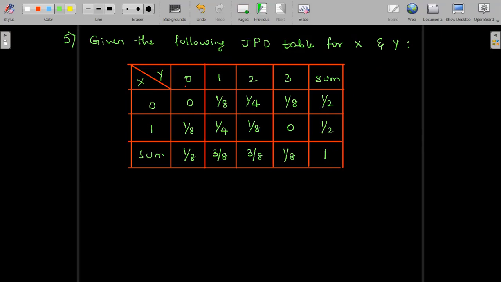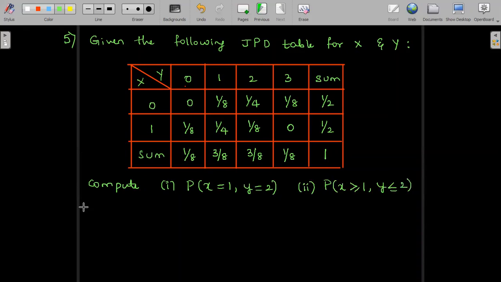Compute, first one, probability of x is equal to 1, y is equal to 2. Second one, probability of x greater than or equal to 1, y less than or equal to 2.